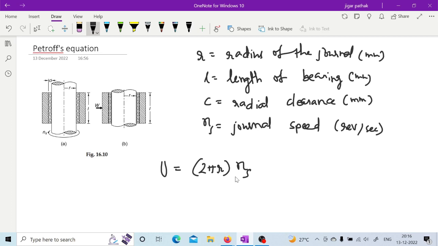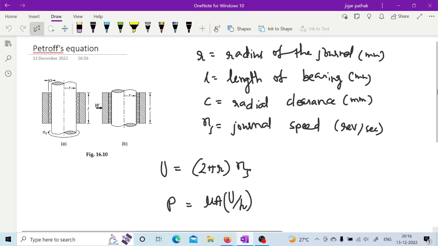Now Newton's law of viscosity we have already mentioned as P is equal to mu A u by h, right? Now this P is the tangential force, as we know.